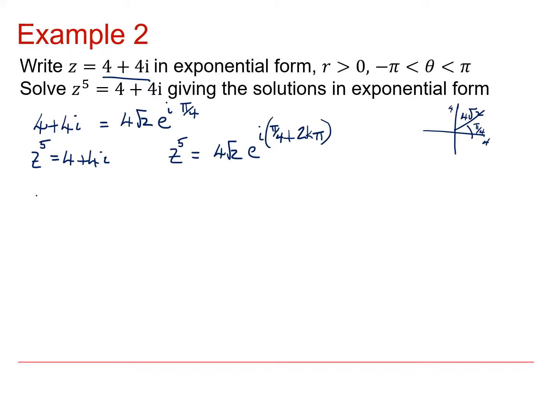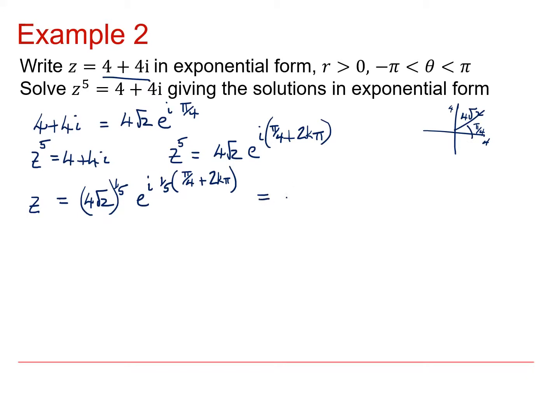So when I now take my fifth roots, z is equal to 4 root 2 to the power 1/5 e to the i 1/5 of pi by 4 plus 2k pi. So that's the fifth root of the modulus, 1/5 of the argument.